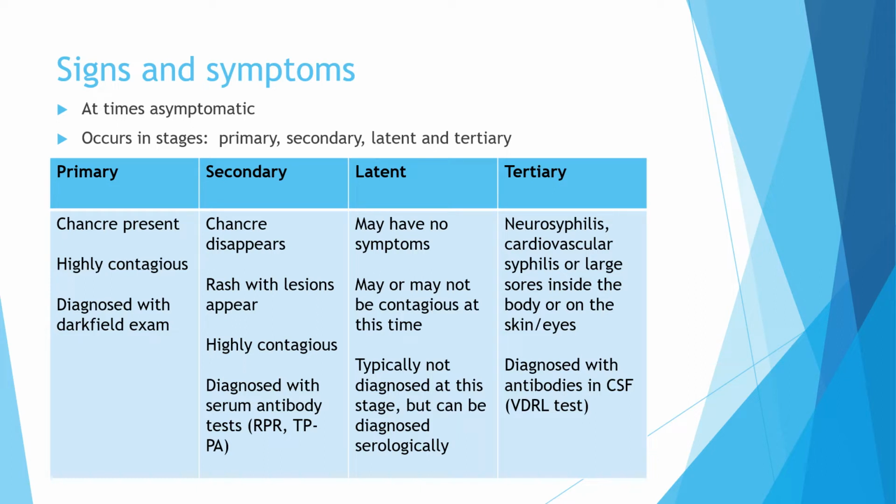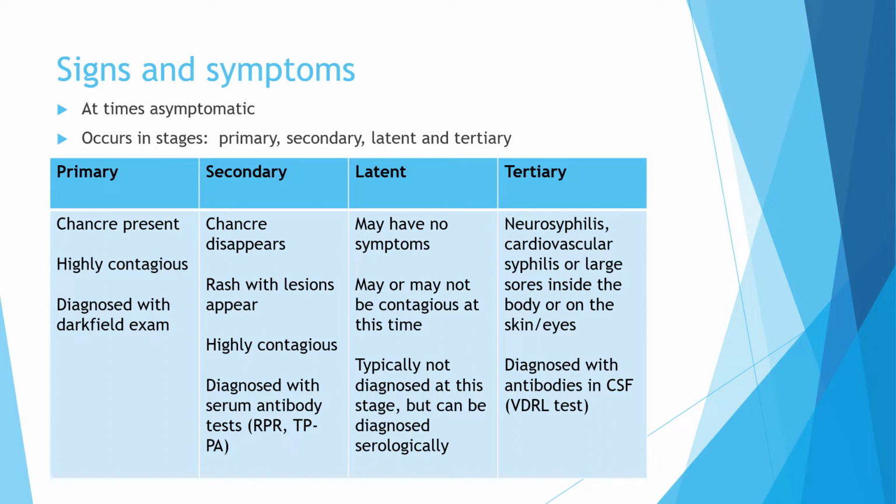The organism can penetrate the skin during this time, and you will see spirochetes in the chancres or the sores of the host, or you might see the spirochetes in their blood. The way that we diagnose primary syphilis is by doing a dark field exam, and we use a dark field microscope to look for the fluorescing spirochetes in the chancre.